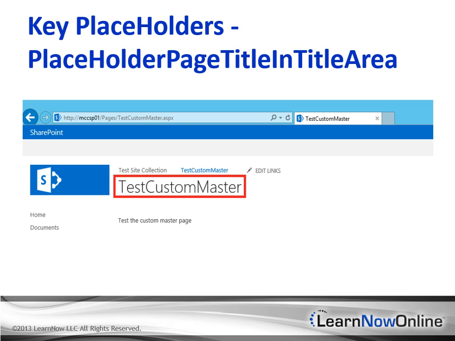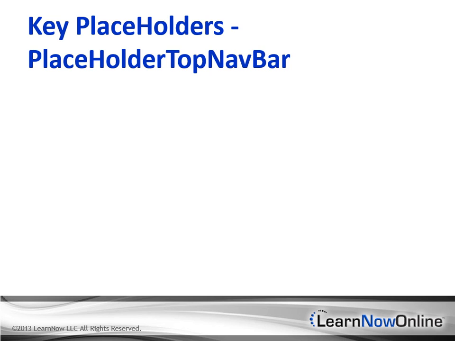In this screenshot you can see I've outlined where that shows up. A place you'll see this overwritten a lot is when you build application pages. When you go to create a new application page in SharePoint, it'll override this for you and fill it out for you.